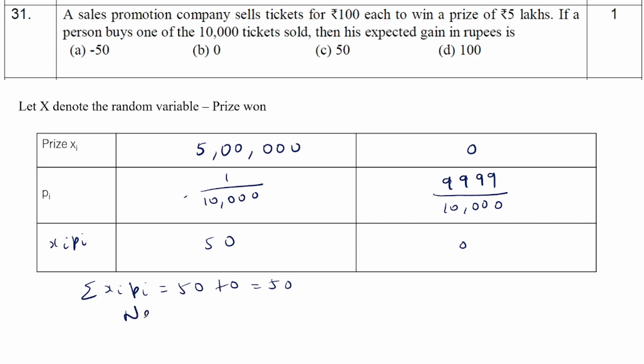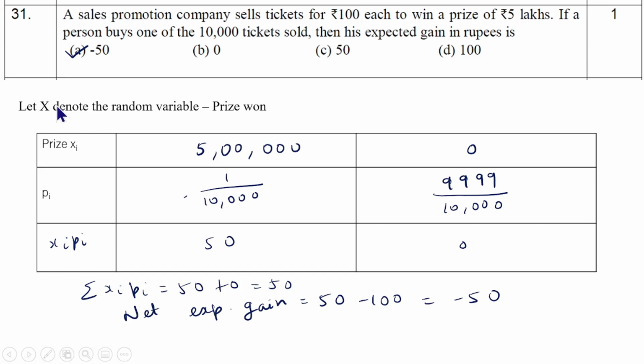So the net expected gain will be, the expected gain is 50 rupees, but then the person has to spend rupees 100 to buy one ticket. So the net expected gain will be 50 minus 100, which is minus 50. So negative 50 is the answer. So the correct answer is option A, minus 50.